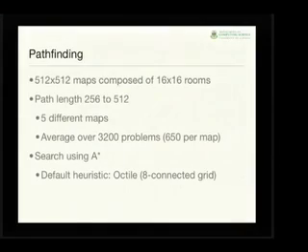So what we experimented with is we built a number of 512 by 512 maps, of a number of different types. The results I'm showing here are ones composed of rooms with random doors opened in between. The lengths of the paths are evenly distributed in buckets between length 256 and length 512.